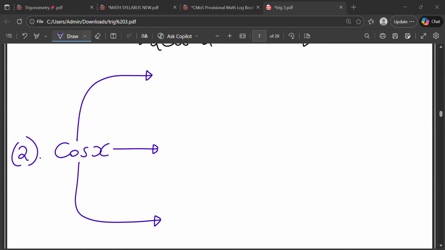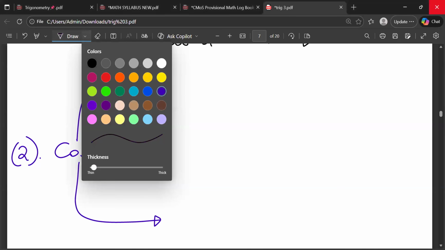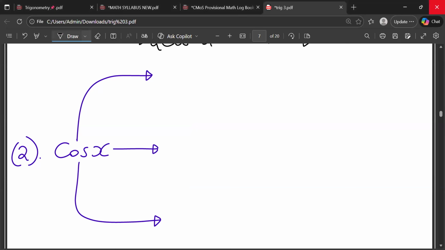Yes, good evening, Doctor and other guys. The first one is going to be cos squared x over 2, or what we can call a half x, minus sine squared a half x.